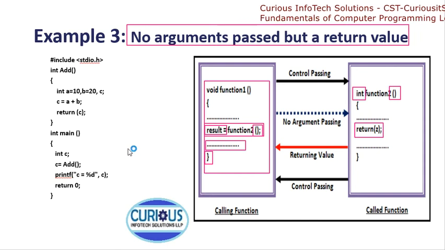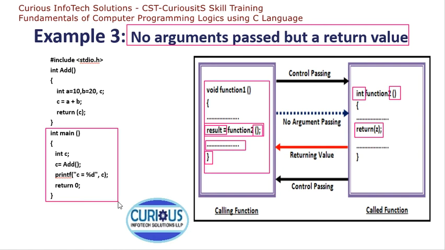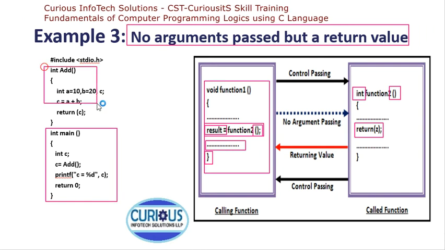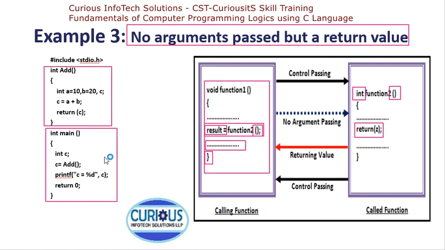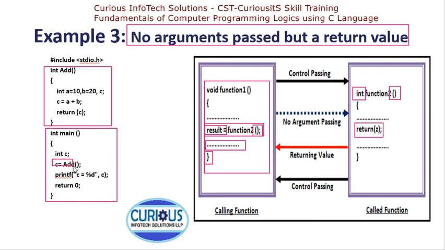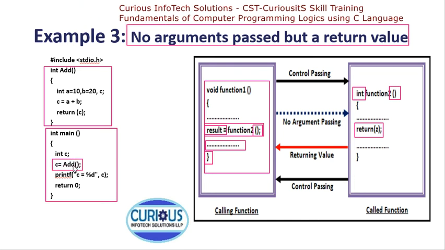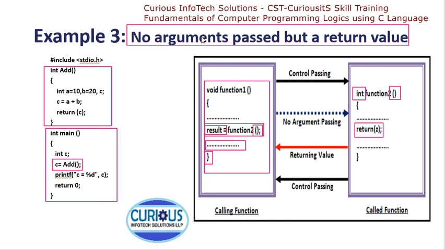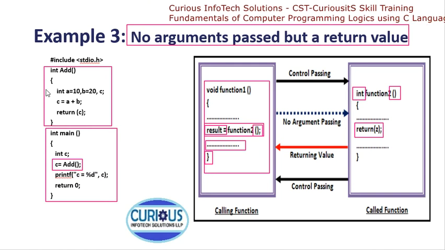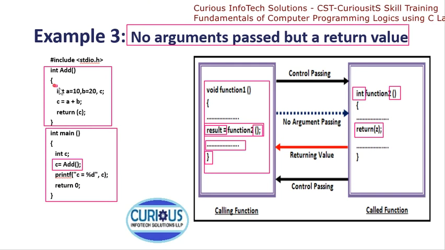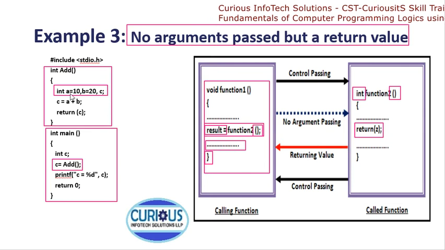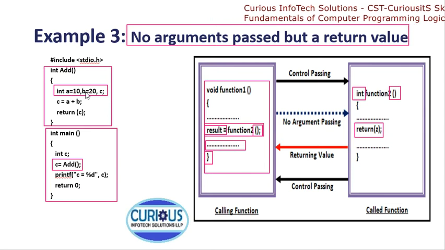We will see the same concept in our add function. This is our main function and this one is our sub function. In the main function we have this instruction c is equal to add. We do not want to pass the argument, so we will take input in the add function. In the add function a, b, 10 and 20 are there.